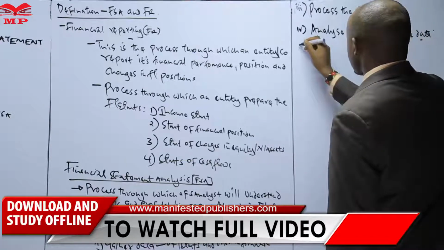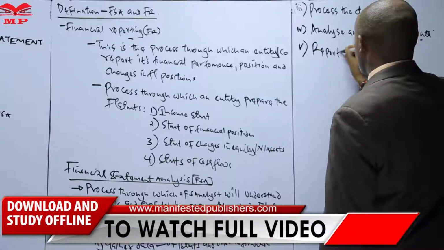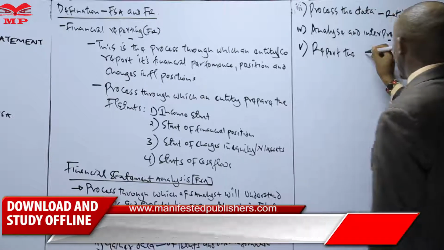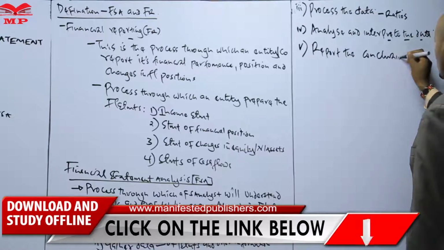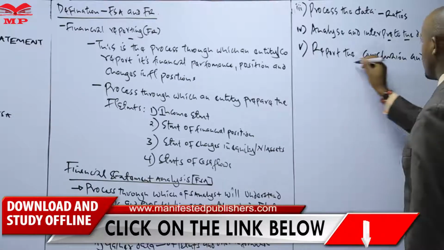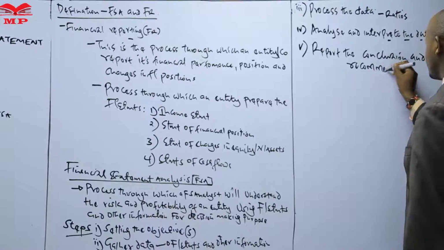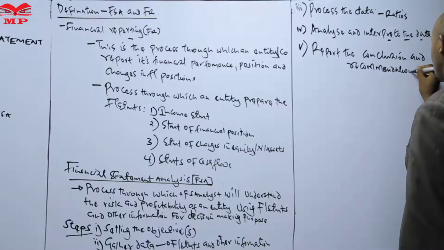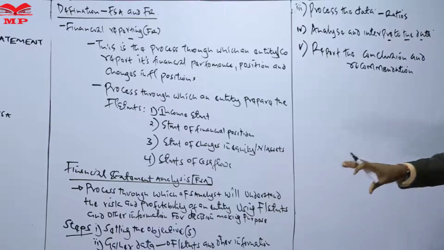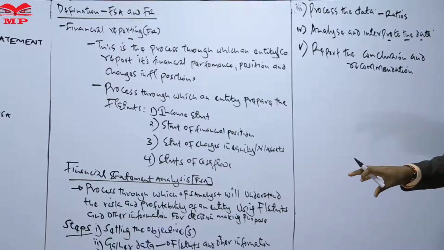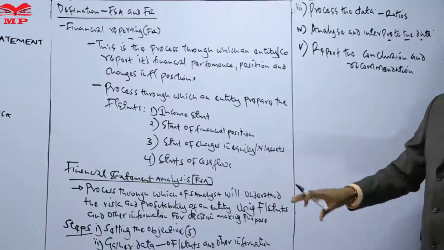So once that happens, he will proceed and report the conclusion and recommendation. Remember, in the first step, we said the financial statement analyst will need to identify the objectives of doing his analysis.